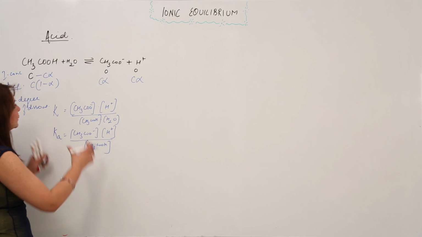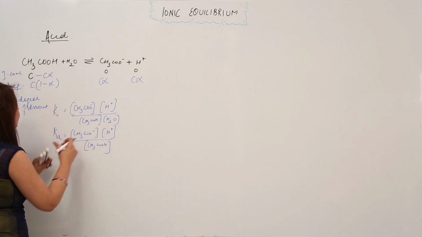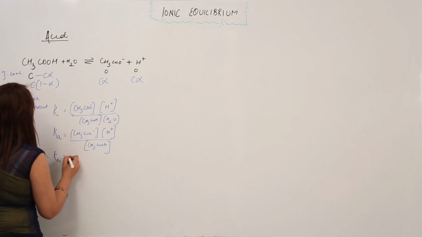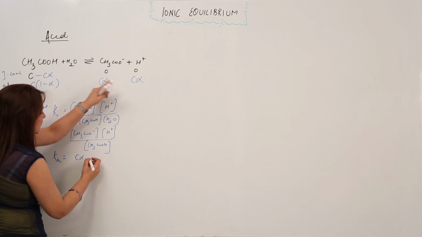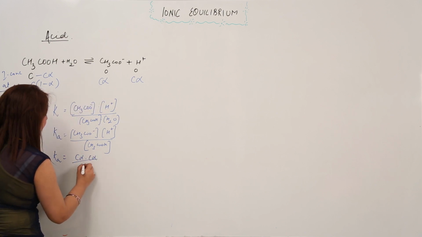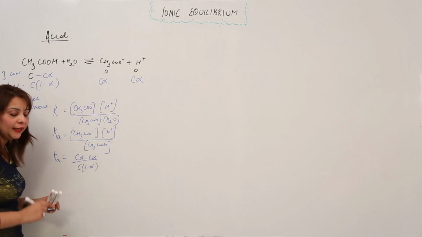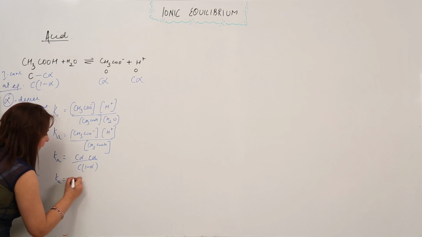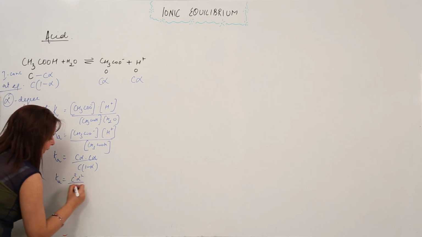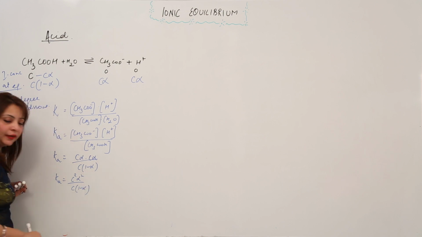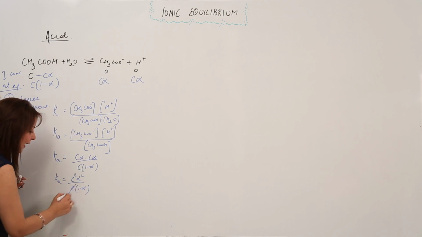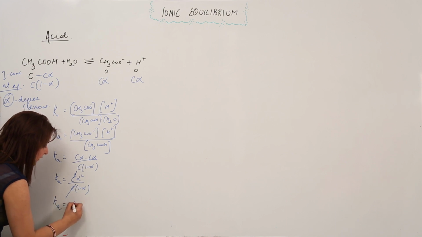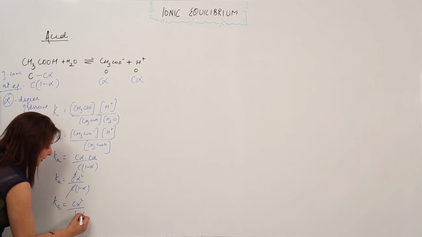So now I am substituting the values. This is C alpha, this is again C alpha, and this is C(1 minus alpha), right? By solving it, we get C square alpha square over C(1 minus alpha), right? Here you can see that we can cancel this C with the square, so we are left with C alpha square over (1 minus alpha).